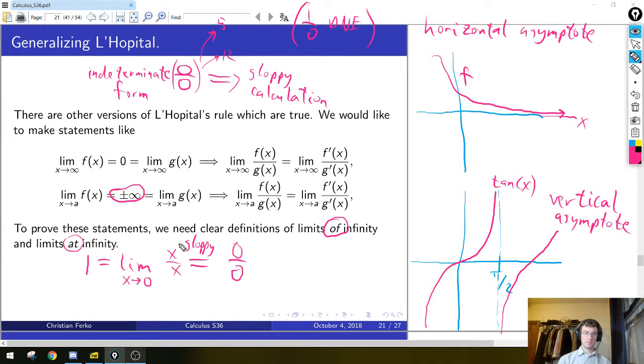But I could do something else and ask, what about the limit as x goes to 0 of 2x over x? This is almost trivial, but obviously away from 0, you cancel the x's and this is 2. But again, if I were being sloppy, I would plug in 0. 2 times 0 is 0, so the top is 0. The bottom is 0. And if I'm being sloppy, I would say these two things are equal: 0 over 0 has to equal 0 over 0.